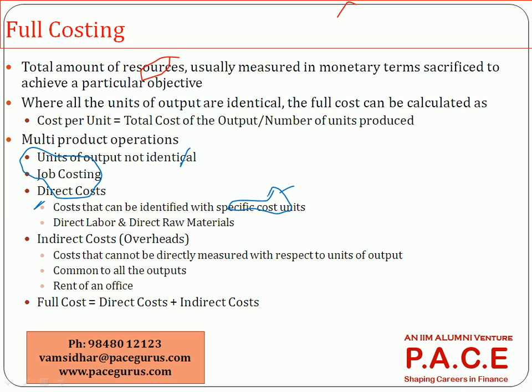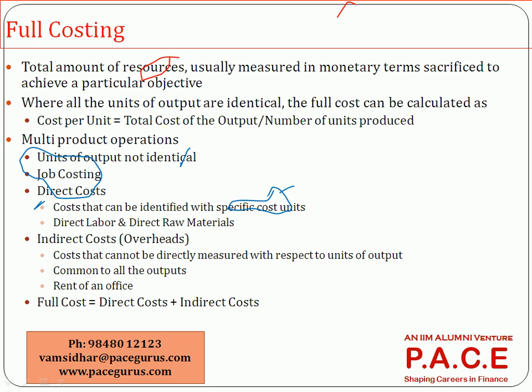If I produce more units, the cost that is attributable to that number of units is much lesser, otherwise much higher. It's a common cost. How do I spread it across the units? I have to design a mechanism to assign the costs across the various units. But it is not directly related to the output that is produced. You have to see the difference between the two here.